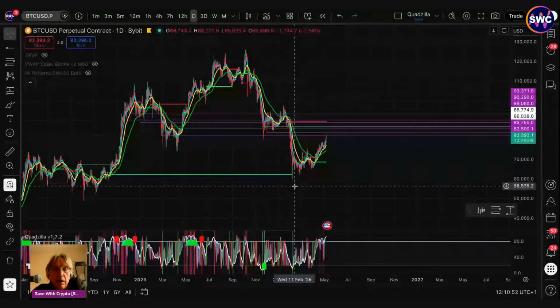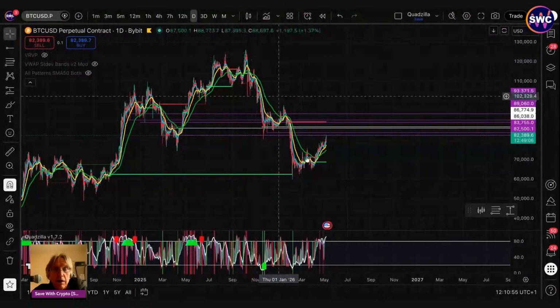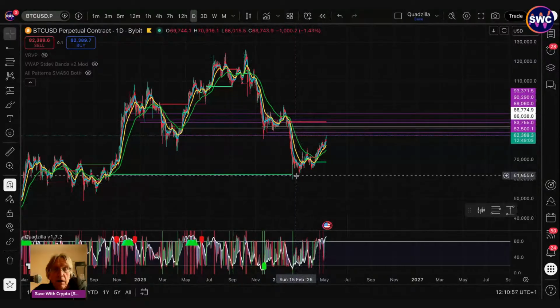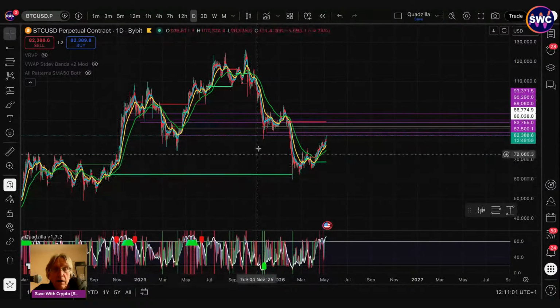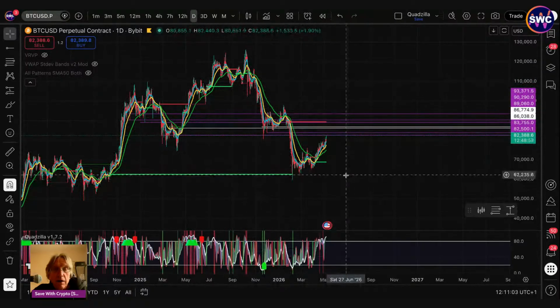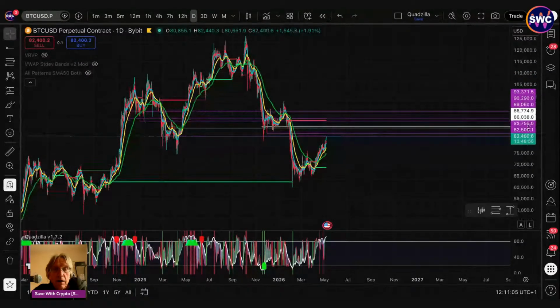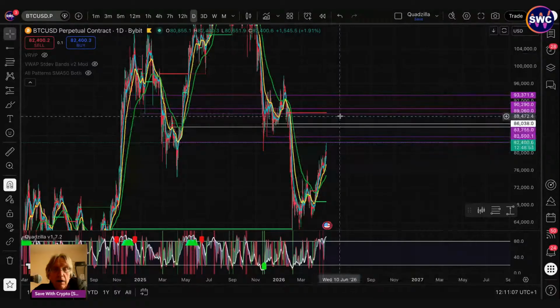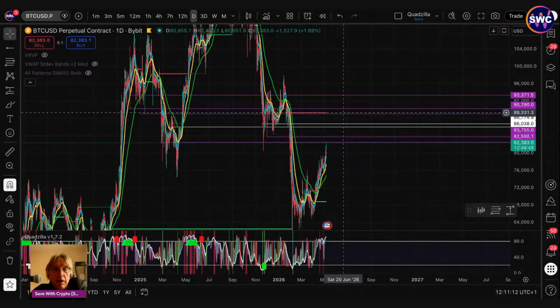Who'd have thought it would go from an all-time high to there? Well, if you had Quadzilla, looked at it on the daily time frame, you would have seen, yeah, it probably will one day. Okay, so the other way around, we have got this bearish retracement up here at 89,331. That's on the daily time frame.